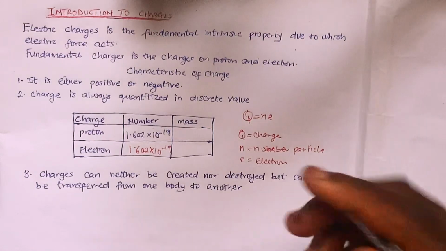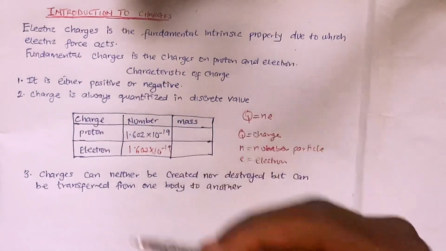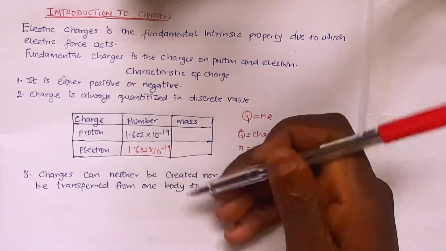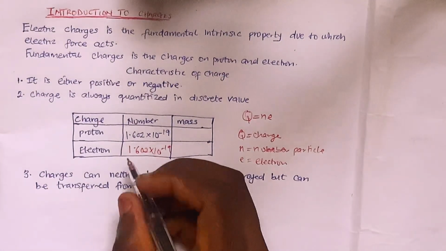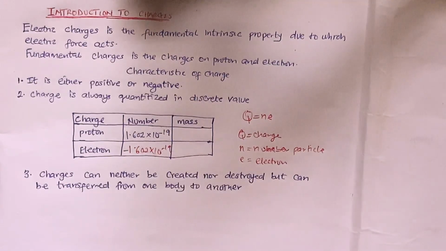But if we represent our proton as 1.602 times 10 to the power minus 19, and our electron is also 1.602 times 10 to the power minus 19, we can't know the difference between the two charges. We need to add a minus here to differentiate it from proton, so that we know that our electron is negatively charged while our proton is positively charged.